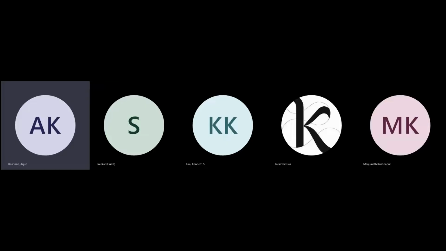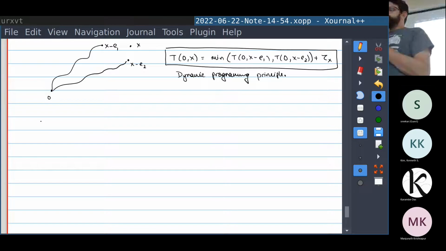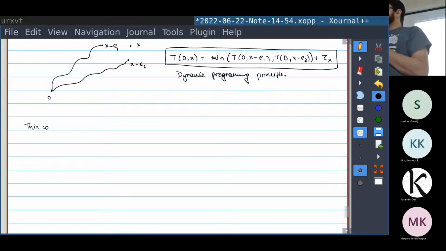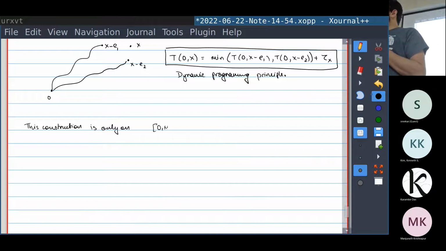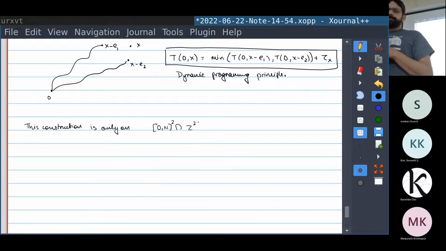A couple of comments. This construction is only on 0, n squared intersected with Z2, Zd if you want.